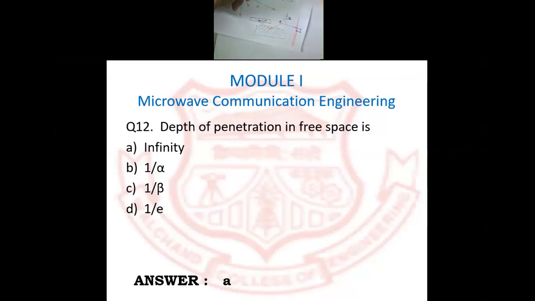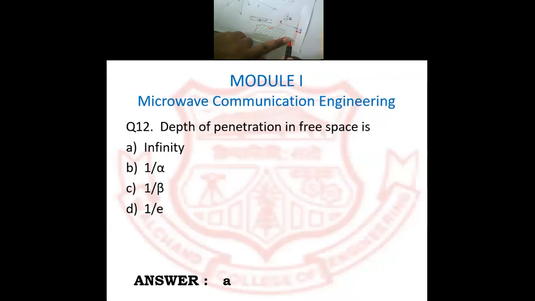But here we are talking about the depth of penetration in free space. Just remember what I am saying: the depth of penetration in free space. In free space there are no charges, so your wave will penetrate anyway. If it is a conducting surface, it depends on the alpha value and the conductivity of the surface.